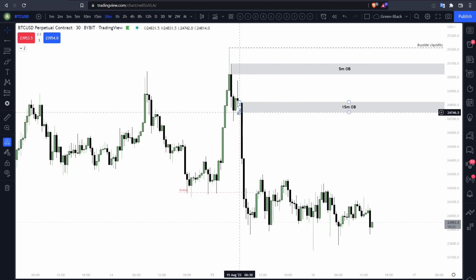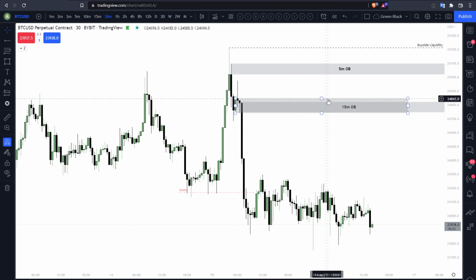Okay, on 30 minutes, we can see the candle, this and this. So let's mark them just for now. Even higher, including the wick.